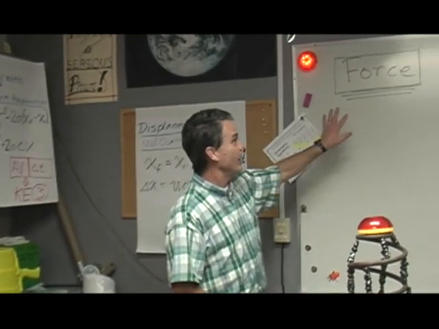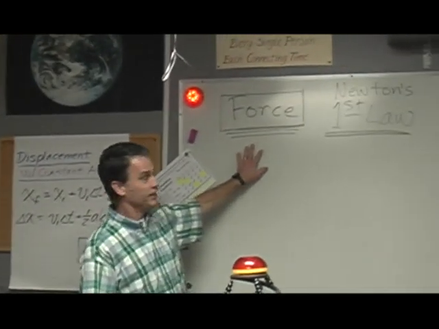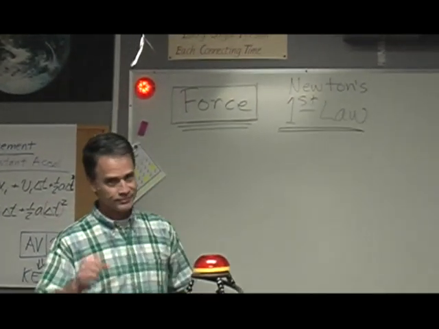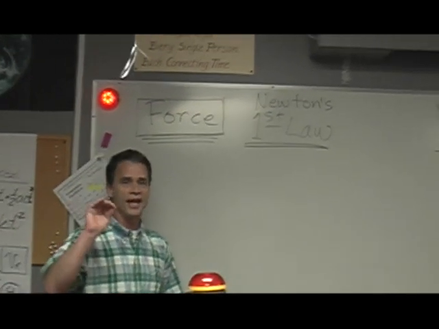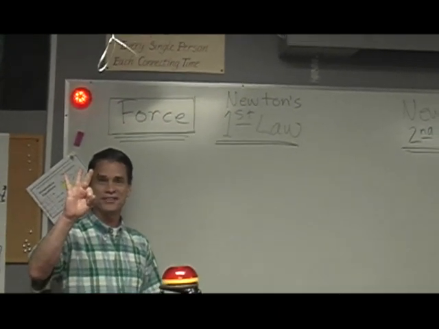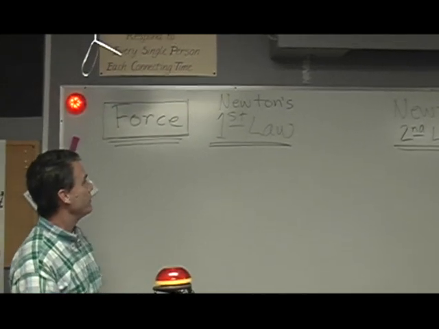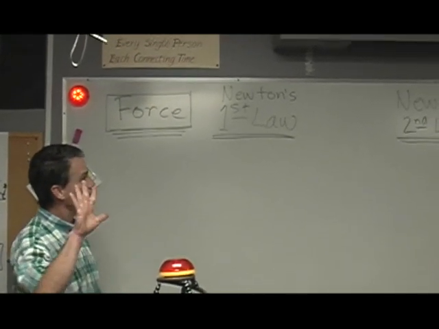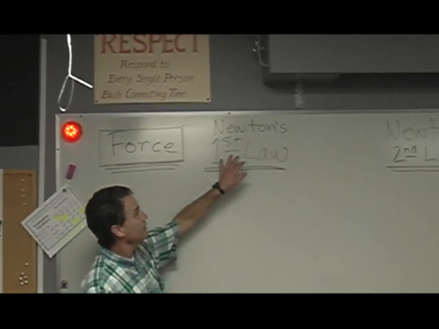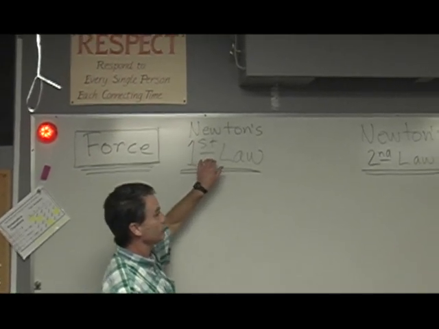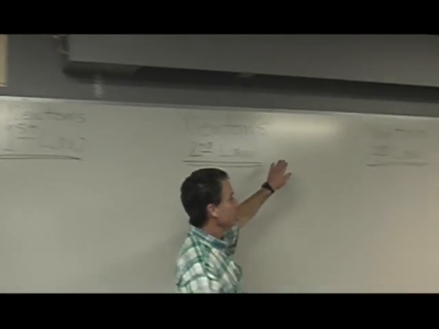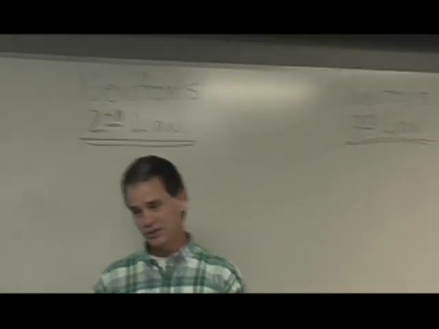Well, we're moving on now to a fifth concept, and that fifth concept is force, F. And the fifth concept, force, is discussed in Newton's first, second, and third laws of motion.